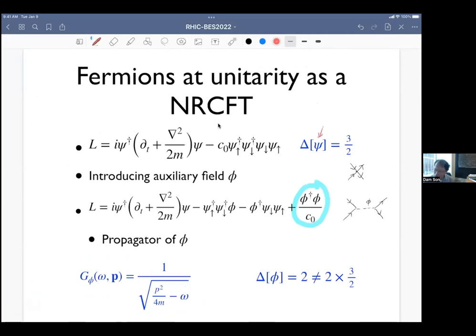So it's momentum to the power of 3/2, while this operator phi has dimension 2 according to this propagator, which is not equal to the sum of the dimensions of psi up and psi down. And that's the consequence of attraction between these two particles. The attraction between fermions leads to a modification of the dimension of the composite operator.